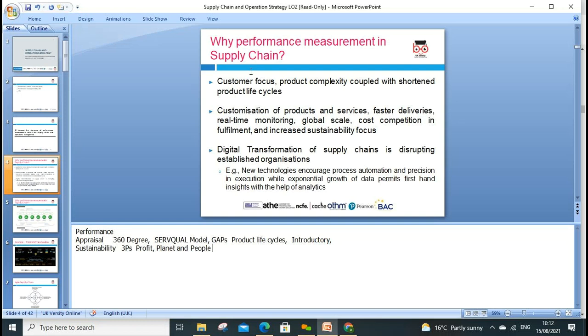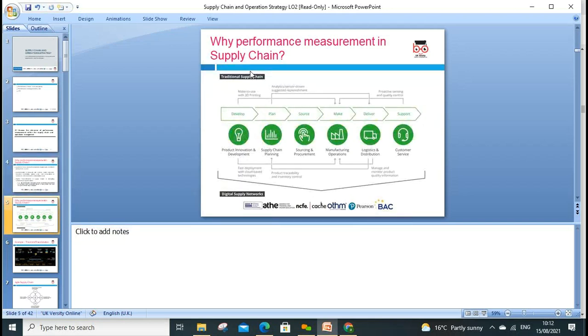From a performance point of view, we need to carry on improving, continuous improvement. So digital transformation, of course, in the supply chain, we can go satellite, electronic tracking to improve the performance, and reduce the time every day, because that is crucial. Why performance measurement in supply chain?